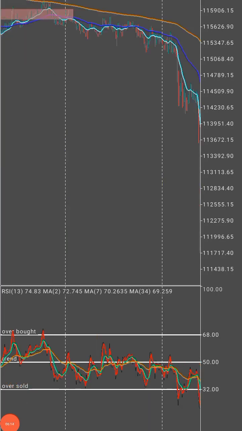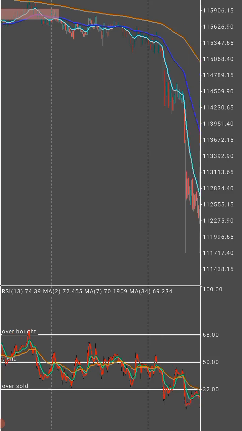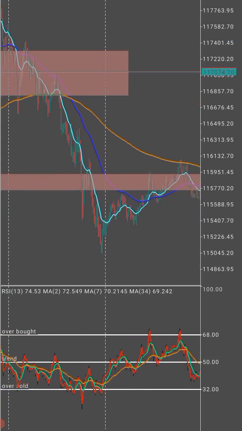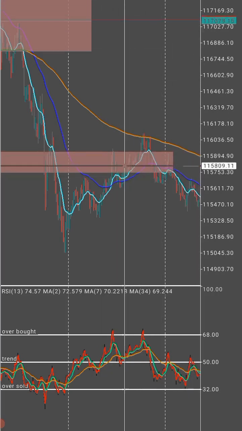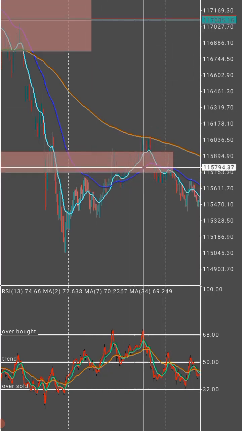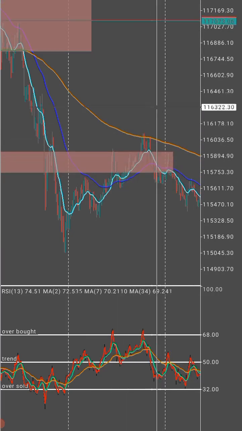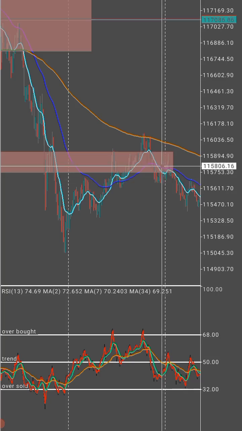Don't trade what you assume, because what you assume might not work. For example, if we assume that price will hit this support and then begin to go up, it means that automatically we are going to lose our trade. Automatically we have lost this trade, and it will be a massive loss.